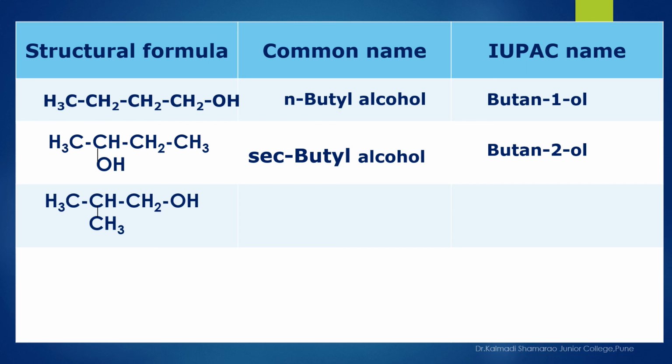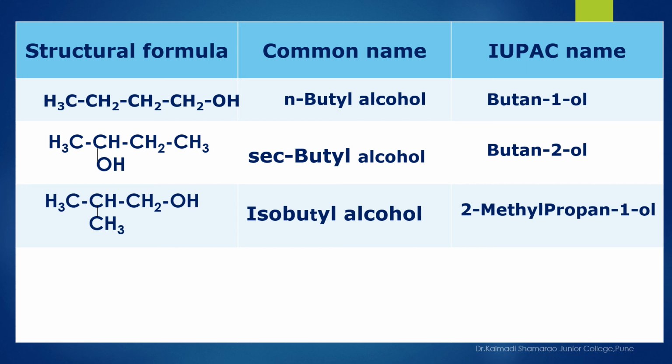This is an isobutyl group, and the hydroxyl group is attached to an isobutyl group, therefore known as isobutyl alcohol. IUPAC name, the straight chain bearing the functional group is considered. Other branching chains are considered as substituents. So here the methyl group is considered as a substituent on the second carbon, and numbering starts from the carbon bearing the hydroxyl group. Therefore, the name is 2-methylpropan-1-ol.